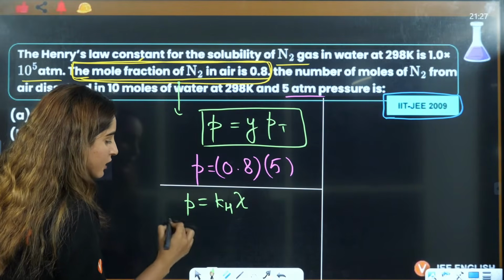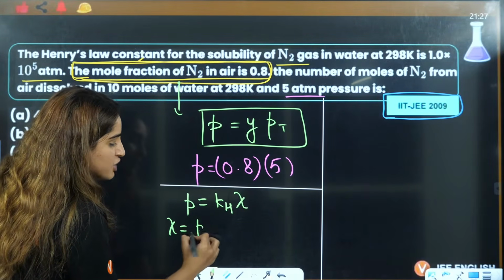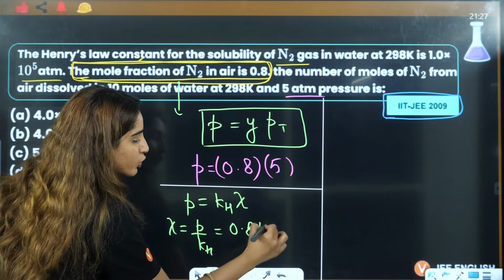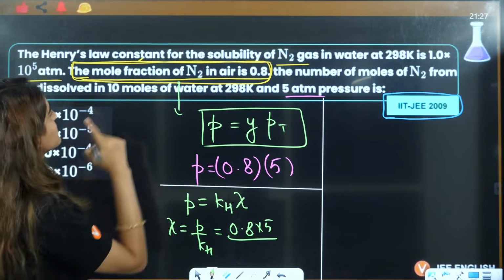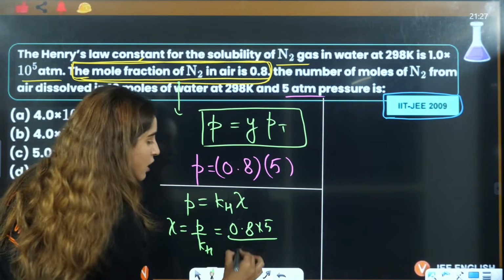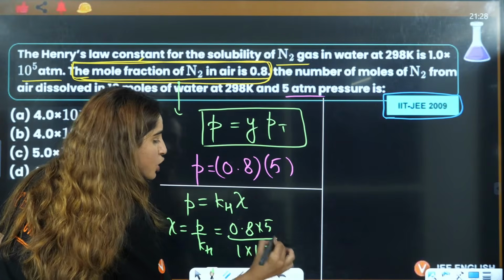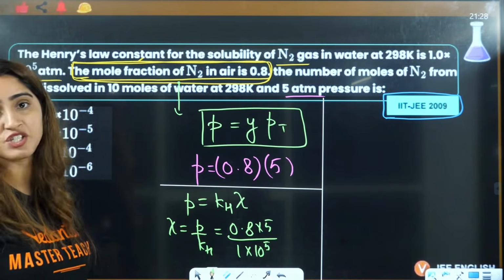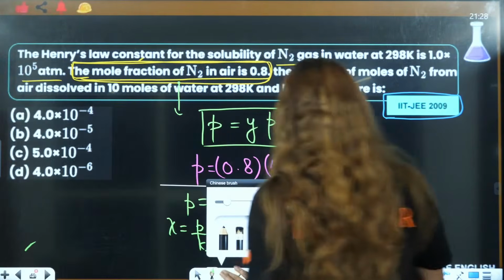So partial pressure is 0.8 into 5, divided by KH, which is given as 1 into 10 raised to the power 5. So I can calculate the mole fraction here.